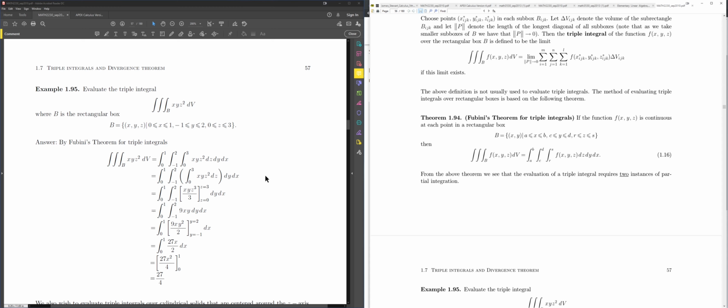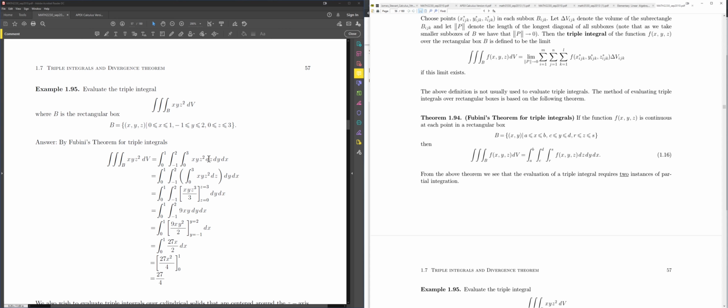In this particular case, I can actually switch the order of integration. I can integrate with respect to y, then z, then x, and so on, provided I make sure I have the correct limits of integration for the appropriate variables. So you could rearrange this in 6 possible ways.